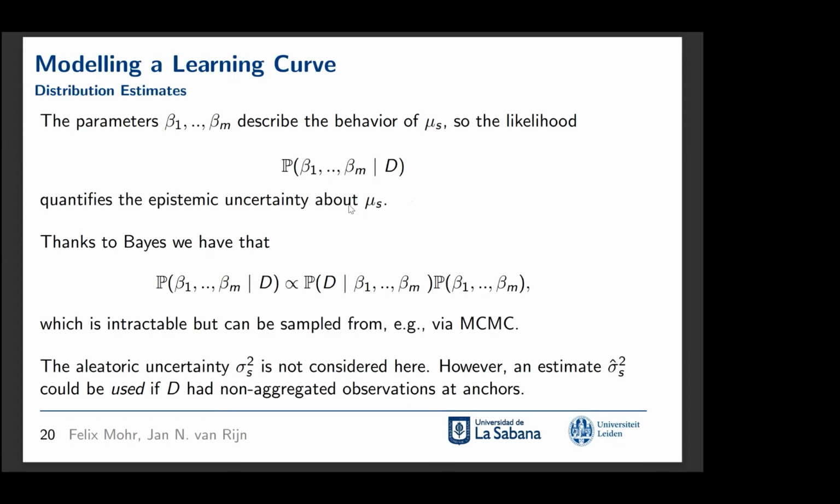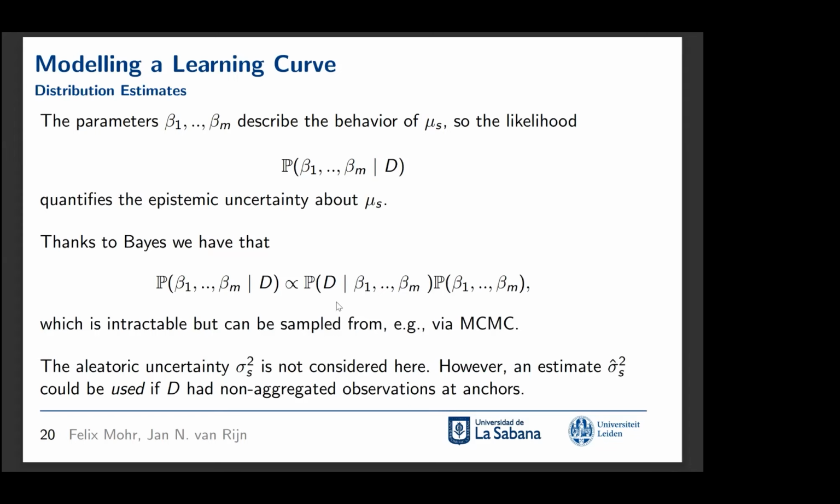Bayes' theorem gives us that this probability here is proportional to the probability of observing our empirical learning curves, given that the true parameters would be like this, multiplied with the prior. And even this here is intractable. So everybody knows, okay, we can't get here, but there's this nice trick that we can sample from this distribution here.